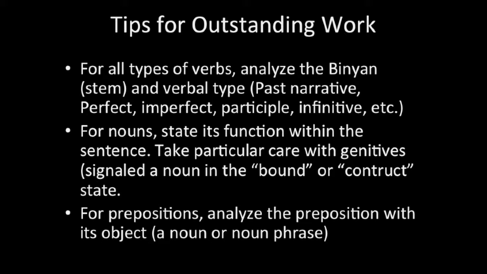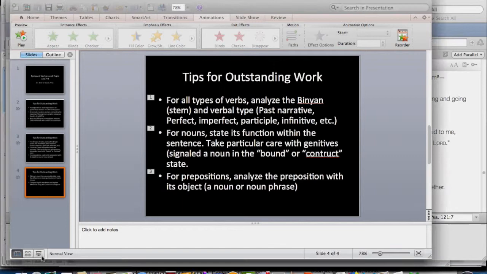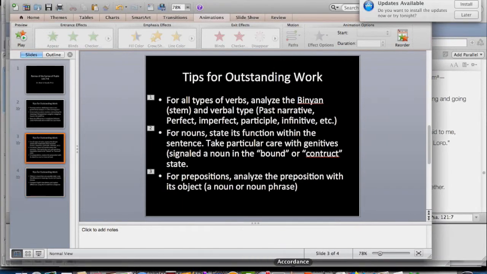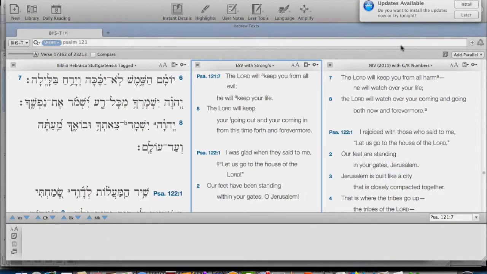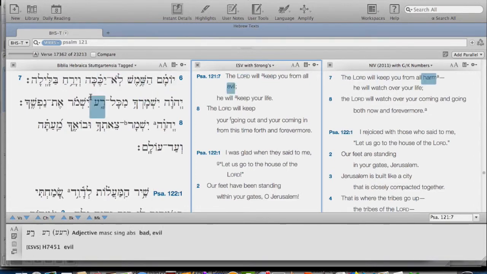Now let's have a look at Psalm 121 verses 7 to 8. Again, I'm going to use Accordance for this, and so we'll pick up with verse 7. And notice this comes in really parallel lines here.